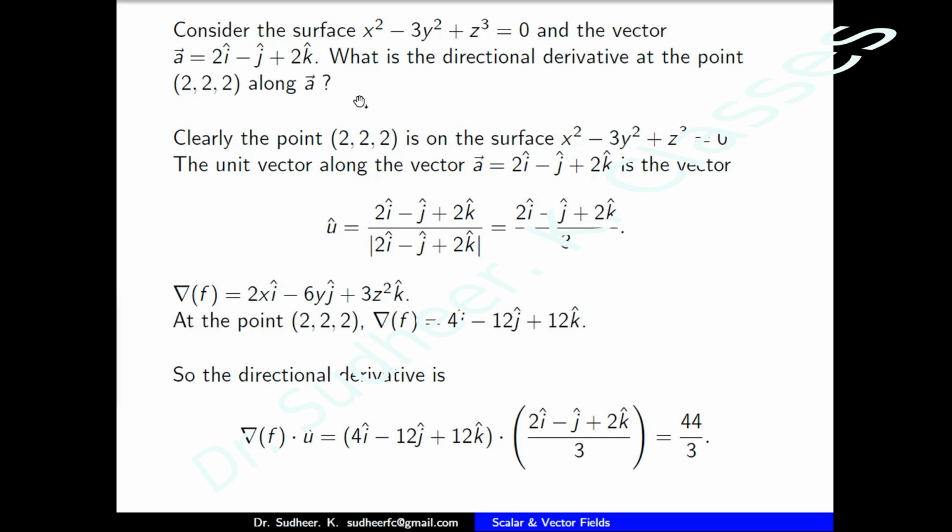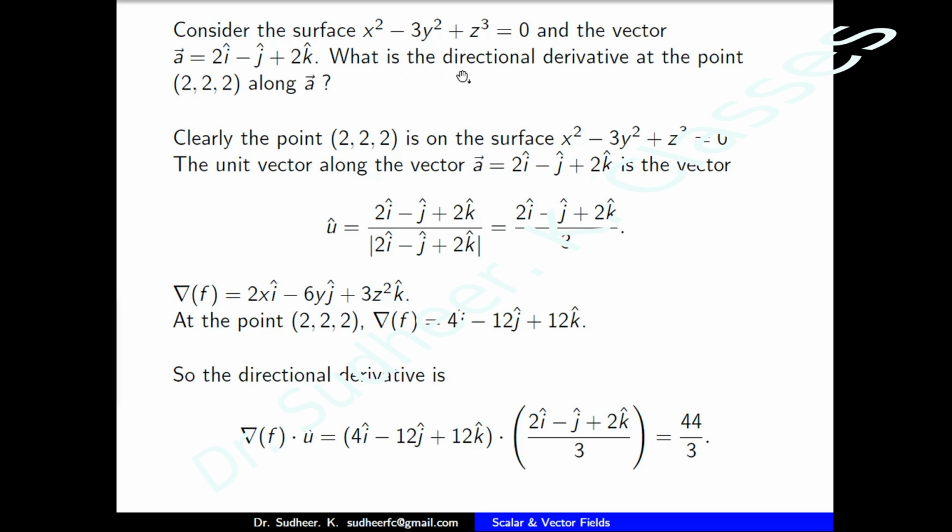Let us look at an example. Consider the surface x square minus 3y square plus z cube equal to 0. And let A be the vector 2i minus j plus 2k.